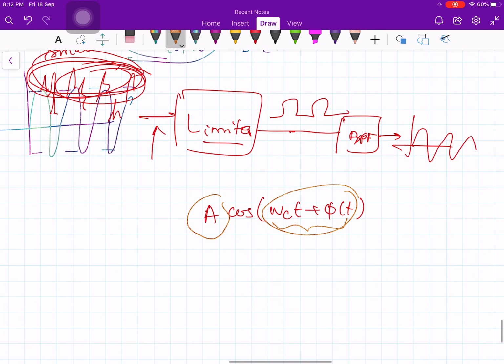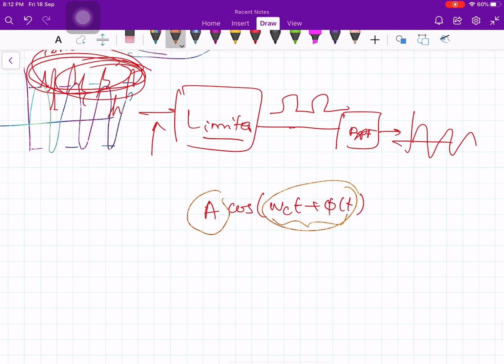Therefore, the balanced discriminator that we have discussed so far is sensitive to these amplitude variations, if at all there is some variation. So that is A of t. If there is no sensitivity, then you can simply write A times cos omega ct plus phi of t.